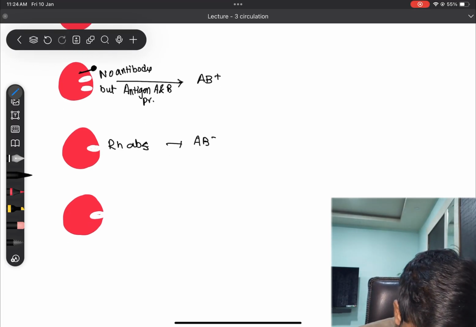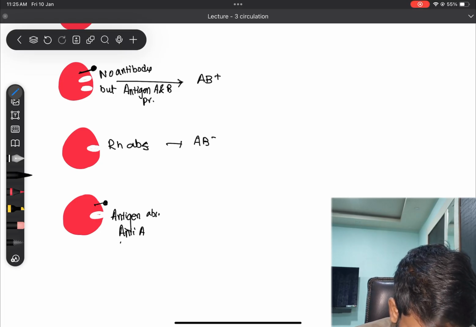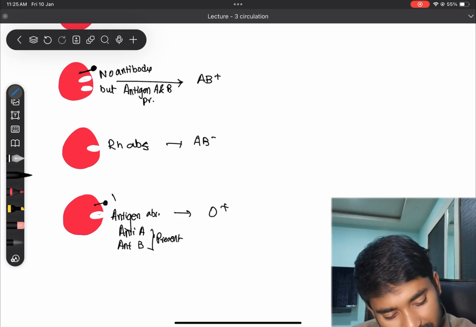Now the next: antigen absent, anti A and anti B present, Rh present, so O positive.